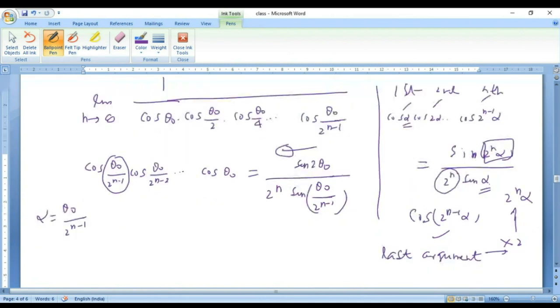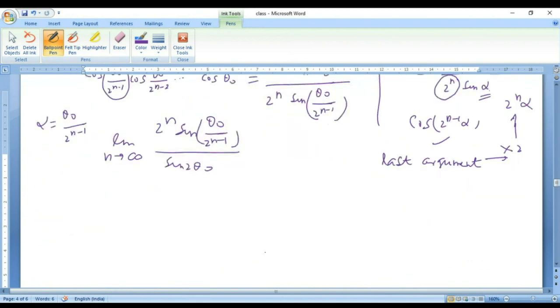So your limit should be now the limit as n tends to infinity of 2 to the power n times sine of theta naught over 2 to the power n minus 1, whole upon sine 2 theta naught. This 2 theta naught is not a problem, so I will just take it out because n does not depend on it.